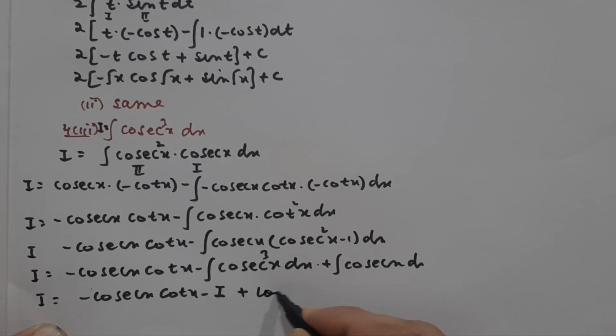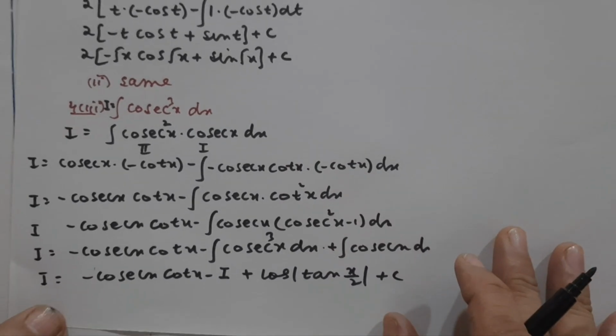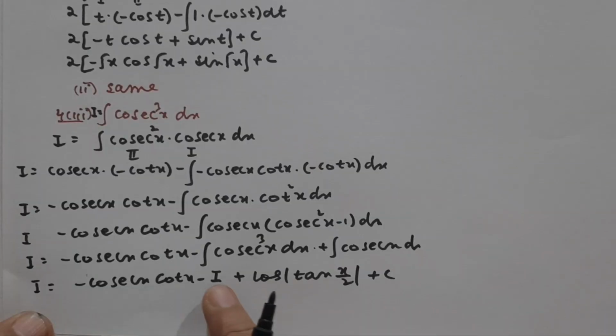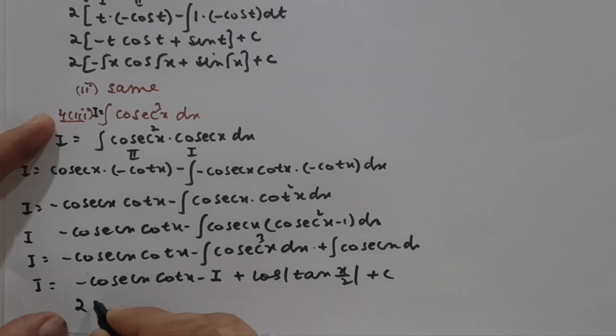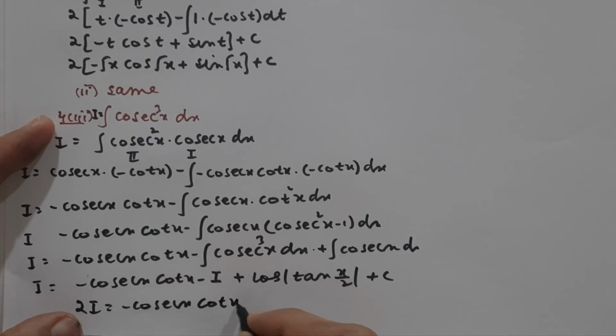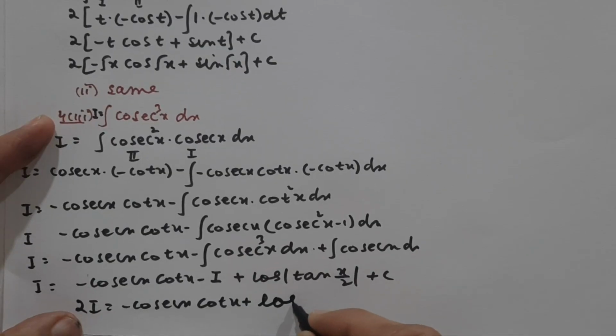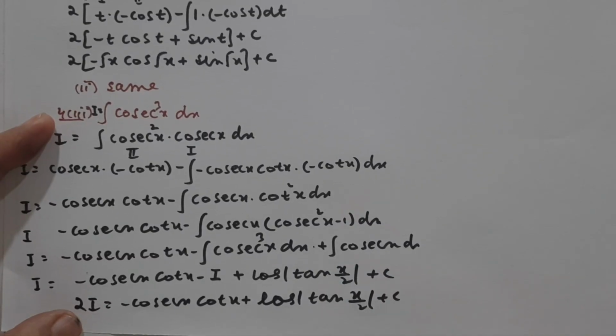Integral of cosecant x is log tangent of x by 2 plus c. Now what is the next step? This I we shift to the left side. So 2I equal to minus of cosecant x cot x plus log tangent of x by 2 plus c, and we have to find I.